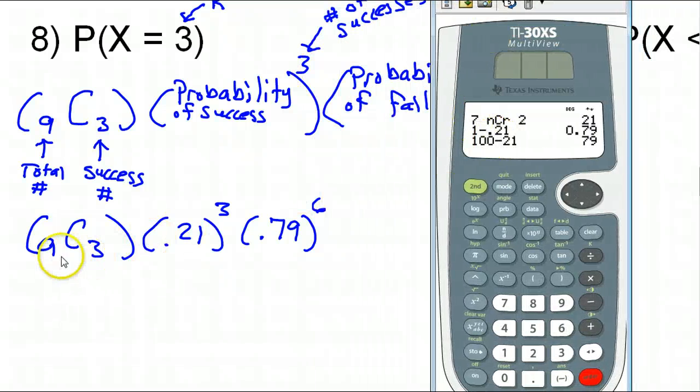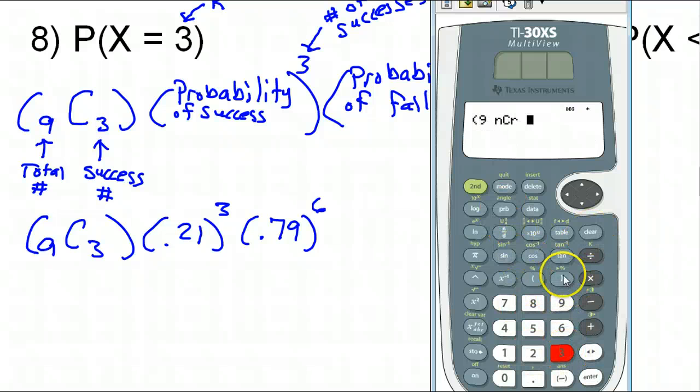Okay, so here I go. I'm going to do open parentheses, 9 choose 3, close parentheses. Then I'm going to do times the probability of success to the power of the number of successes.